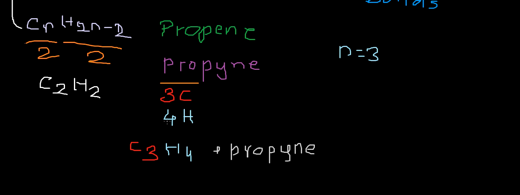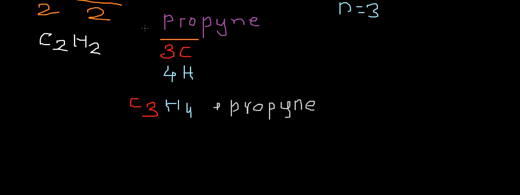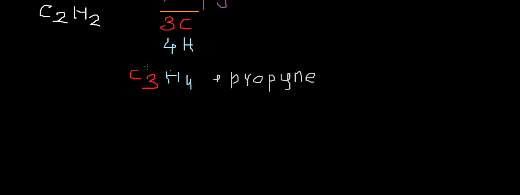Now let's draw the line structure of it, because mostly the line structure is used and the dot structure is rarely used, though I have introduced both of them. In the line structure, we draw carbon atoms. As it's an alkyne, there should be a triple bond.